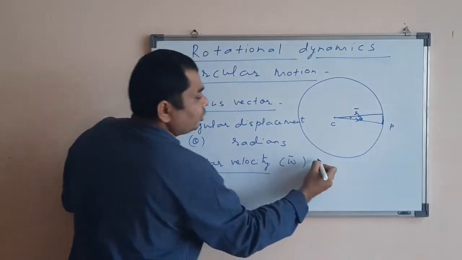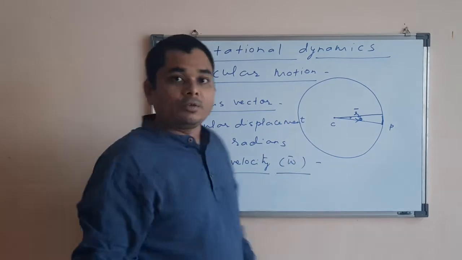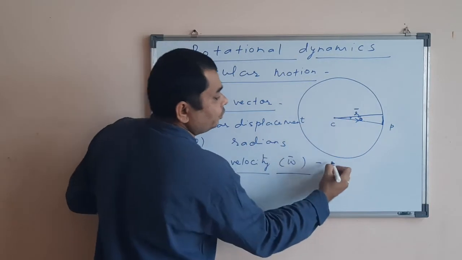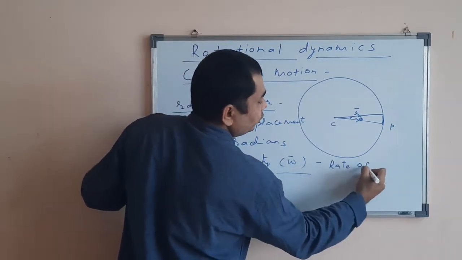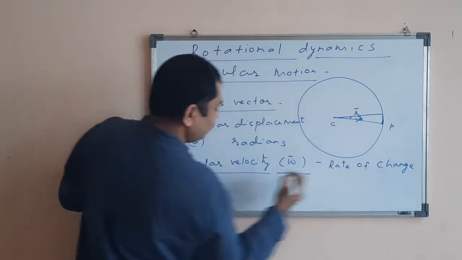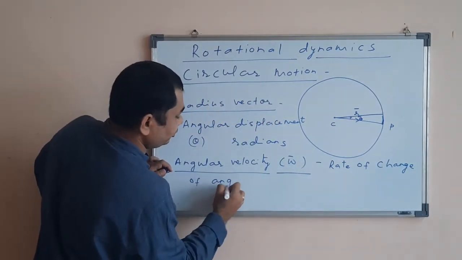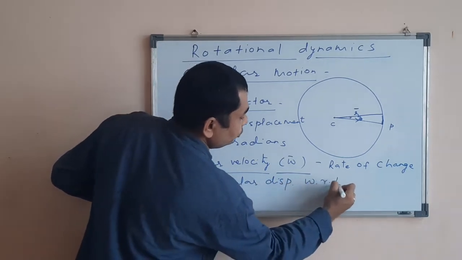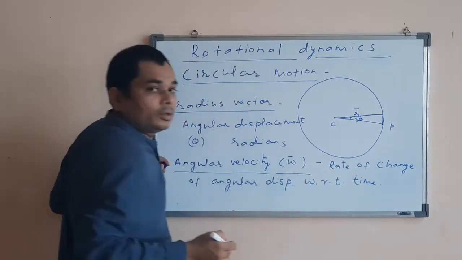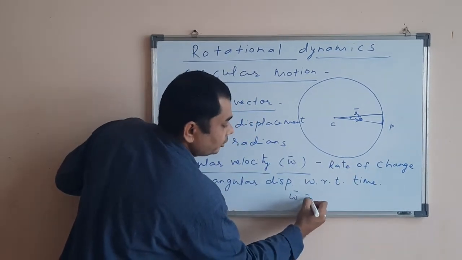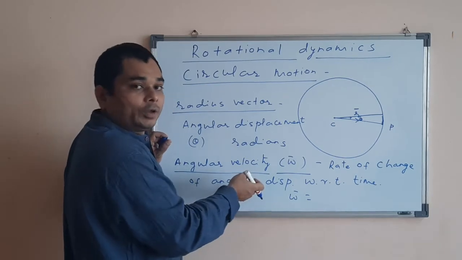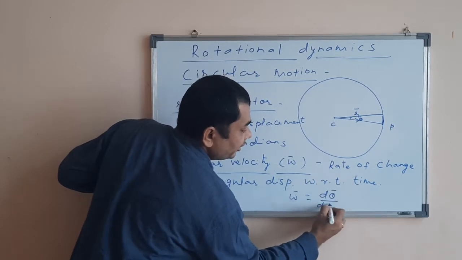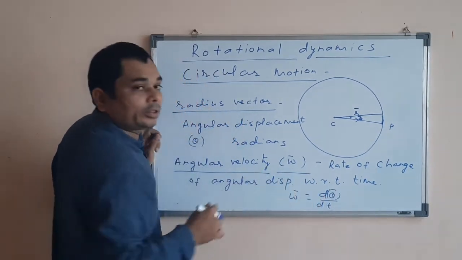So the rate of change of angular displacement with respect to time is called angular velocity. Therefore, omega vector, as I have told you that angular velocity is also a vector quantity, omega vector is actually d theta vector by dt, that is the rate of change of angular displacement with respect to time.